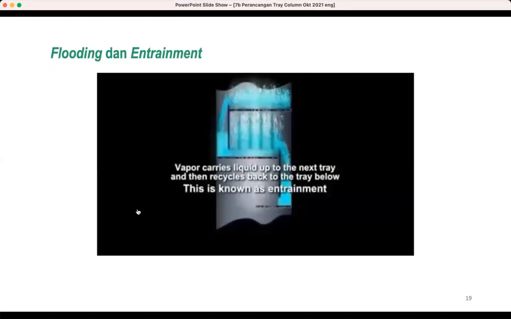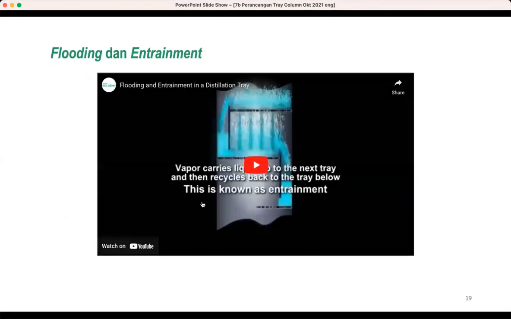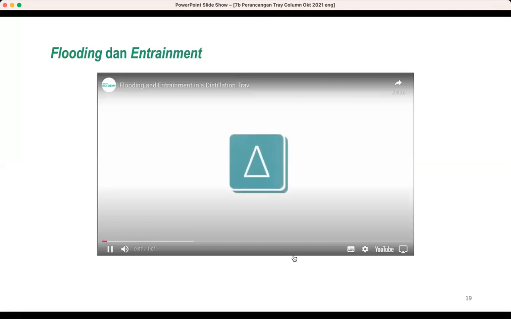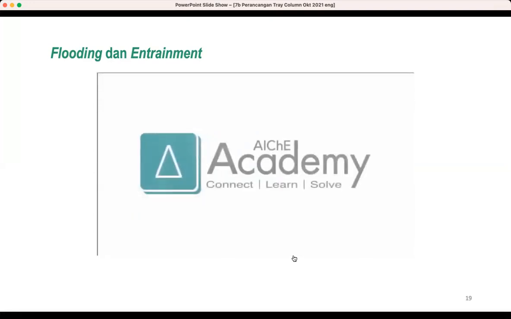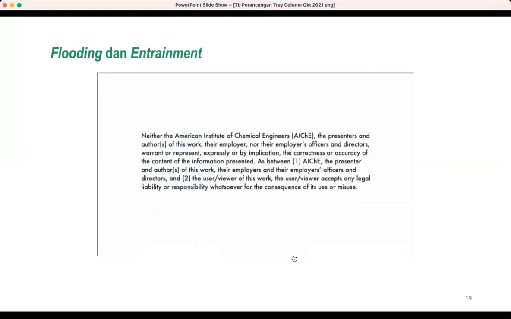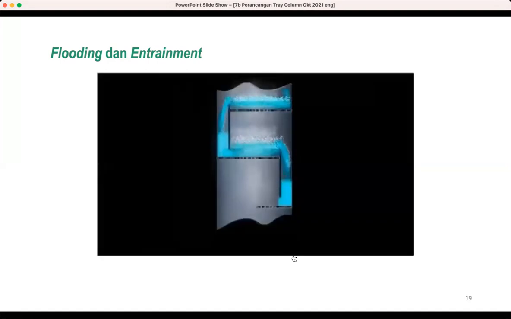Okay, let's have a look at flooding and entrainment. A flooding condition occurs when the froth level approaches the tray above. Flooding occurs at high vapor rates and results in significantly lower efficiency.